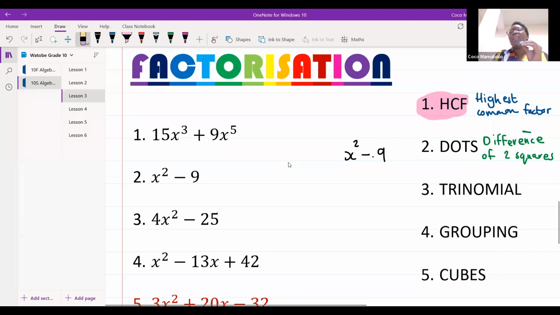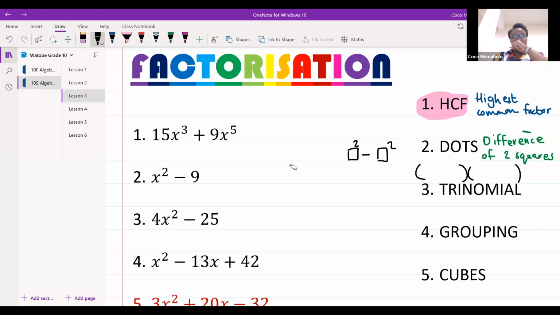Okay, now normally when I see this, and I'll just use x squared minus 9 as an example, this variable needs to be squared minus another number also squared. In that case, we wrote 9, but I can write it as 3 squared. So I'm looking for a perfect square here and a perfect square here. And if I see something that looks like that, guys, the first thing I'm going to do is open 2 brackets.